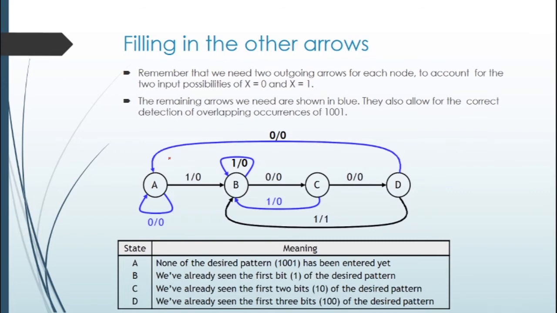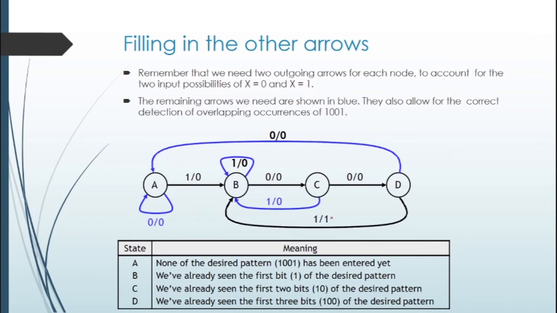We have the X input, so we have two possible transitions from each state, one for X value 0 and the other for X value 1. We have a specific pattern that we need, which is the true sequence that we are going to see.